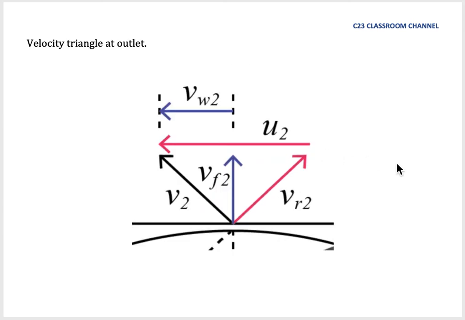So this is the close up of the outlet velocity. So this is the V2, the absolute velocity, the real velocity, and this is the component of VR2 and U2 here, and this is the component of VF2 and VW2.